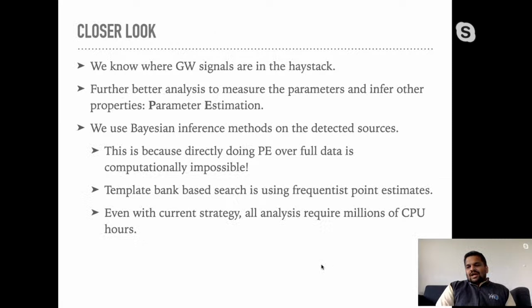And each of that sound which we saw actually corresponds to or tells about the various parameters or properties of each of these events. So how do we do that?